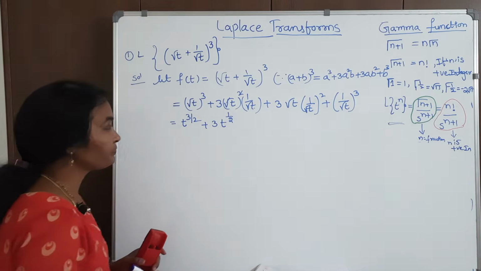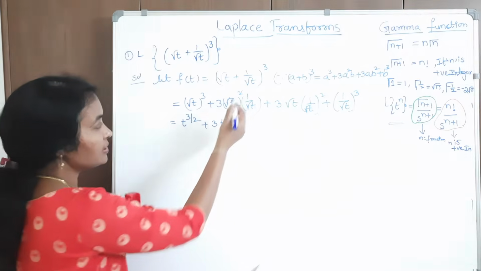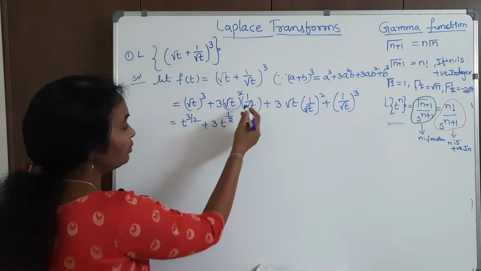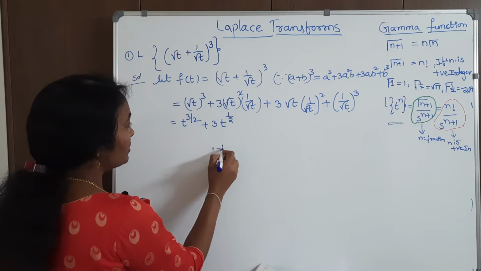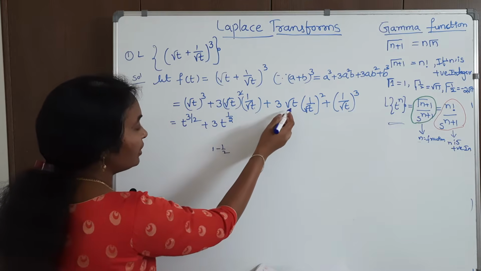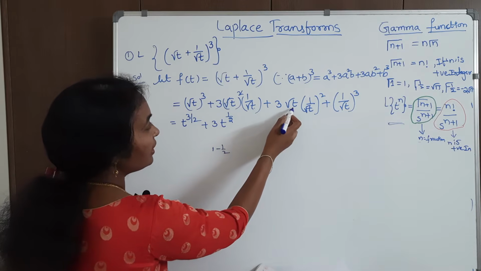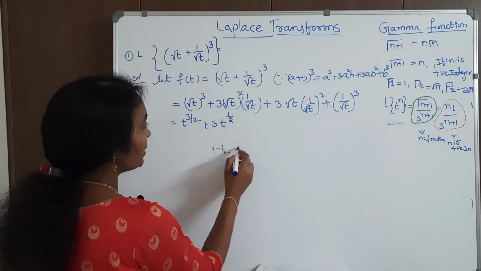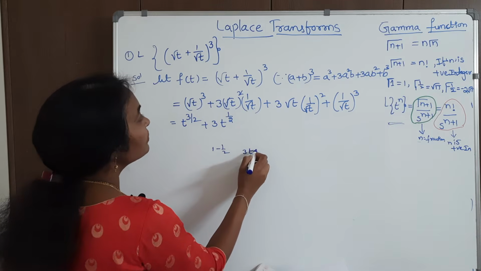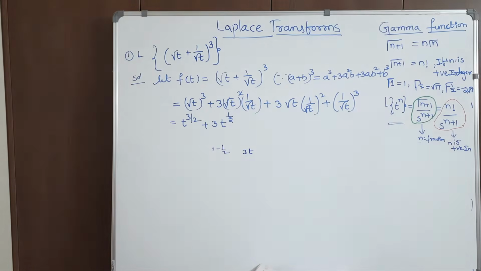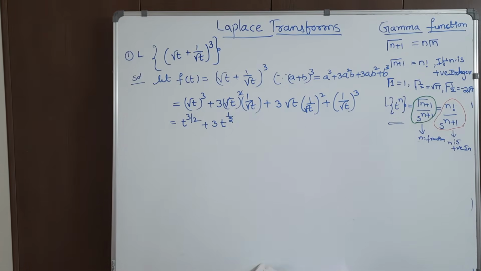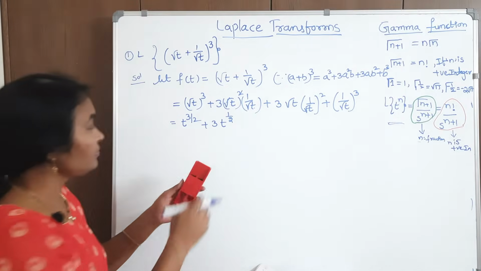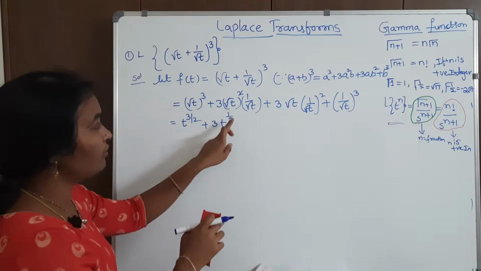See, 1 by 2 or half, this gets cancelled, this will become 2, 1 minus 1 by 2, this is 1 by 2. What about this 3ab square, square root gets cancelled, 3 to the power of again half. Is it so?